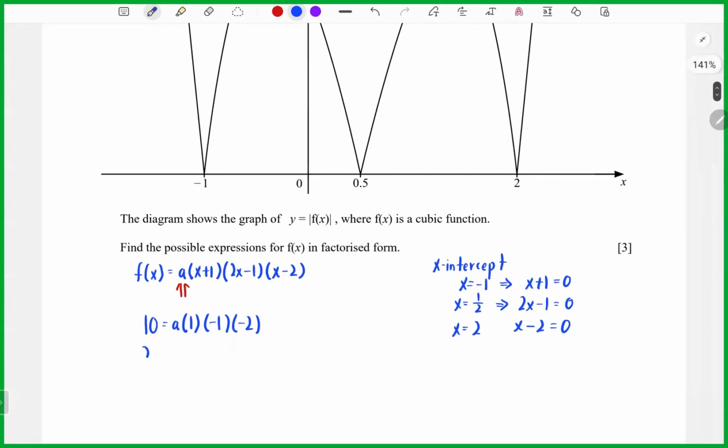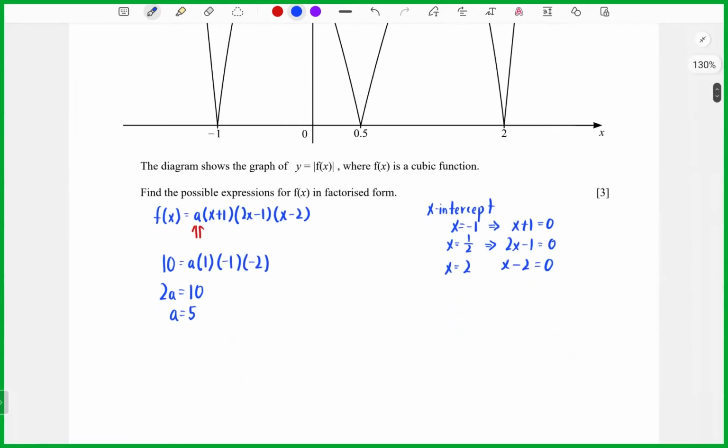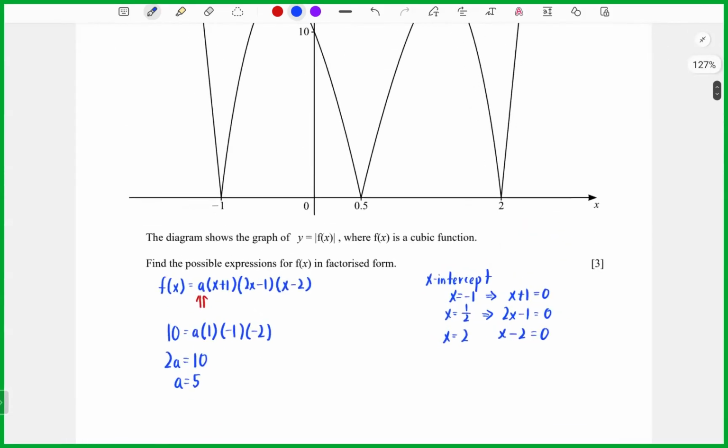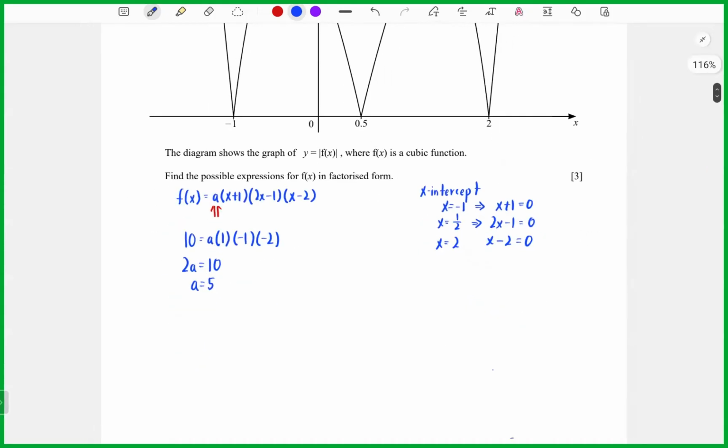So you will get 2a equals 10, a equals 5. Because this is a modulus, the graph can show this way, or this way also.